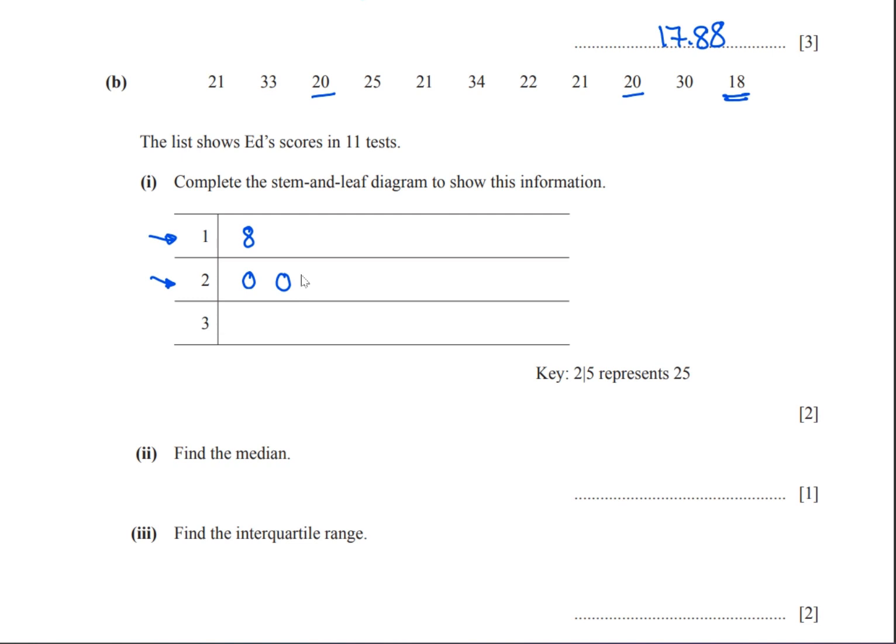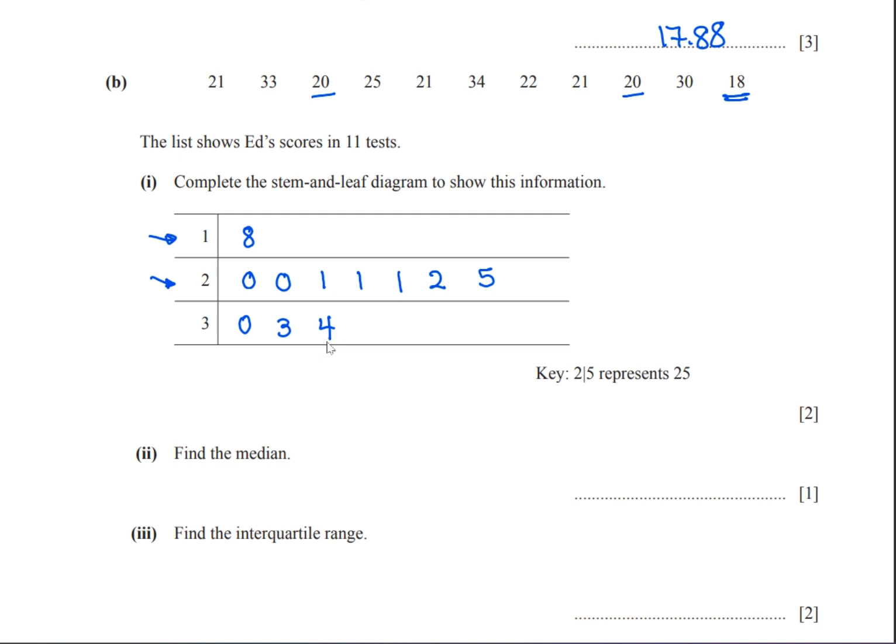And there's 21, 21, 21, so put 1, 1, 1. And then 22, so put 2, 25, so put 5. Then for 3, I have 30, 33, and 34. I have to put them in order.